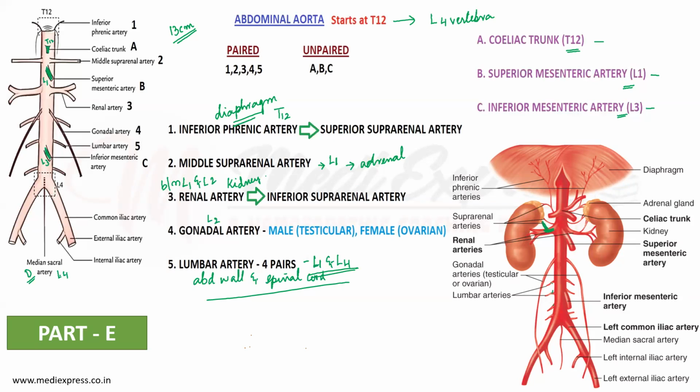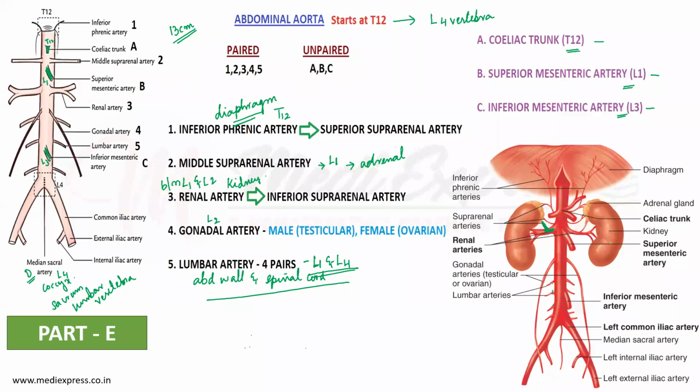And where does it supply? It supplies the coccyx, the sacrum, as well as the lumbar vertebra. So these are the three places where it supplies. So this was about the branches of abdominal aorta.